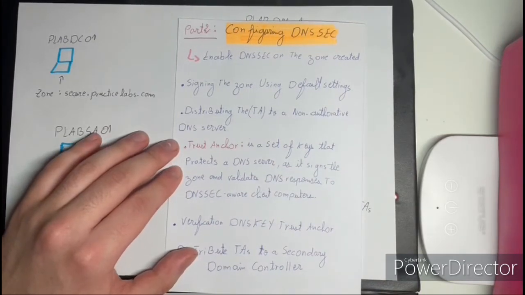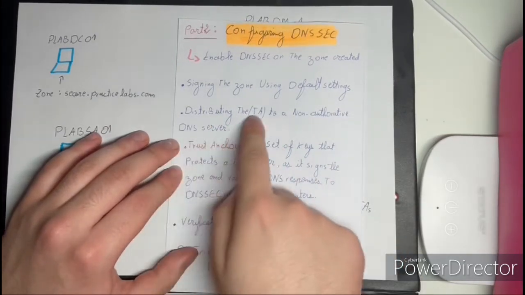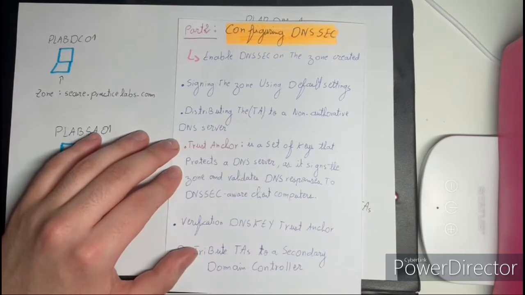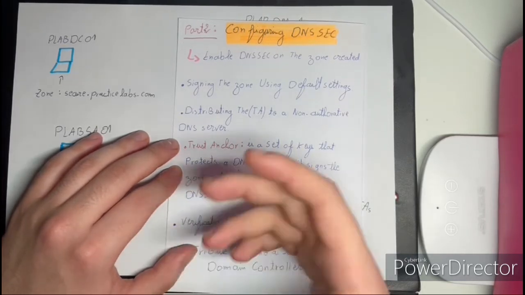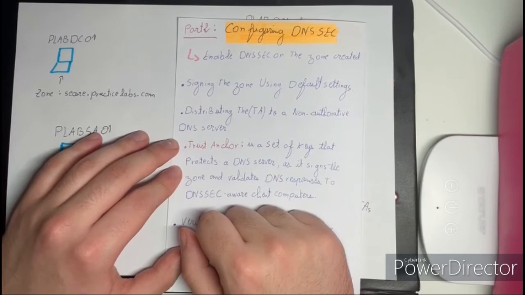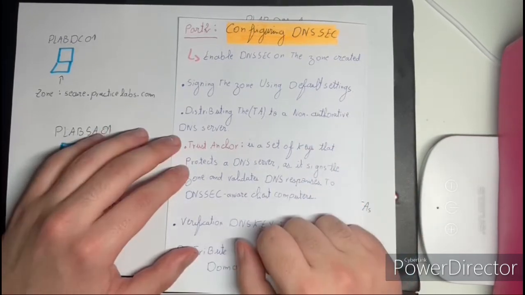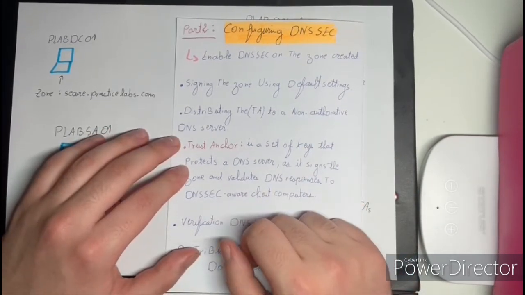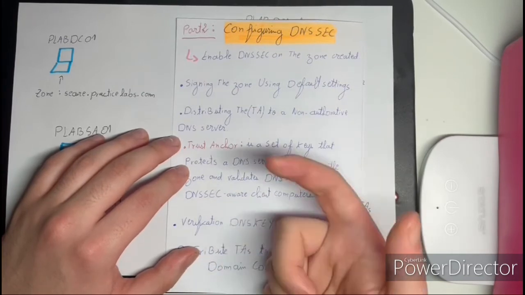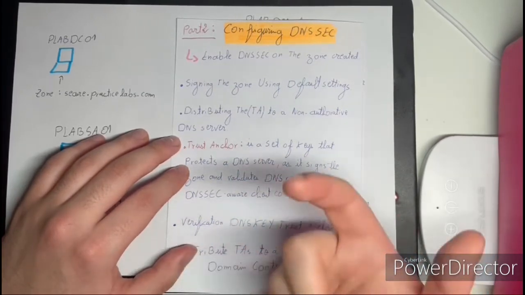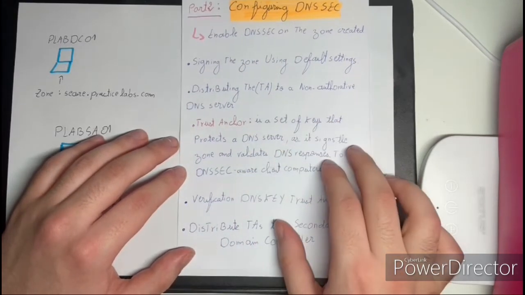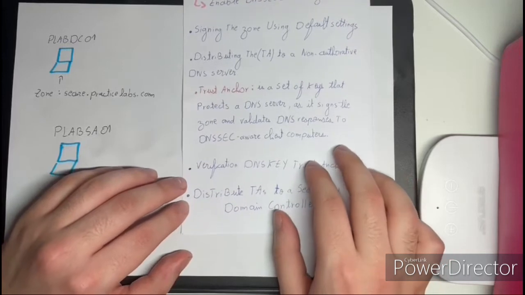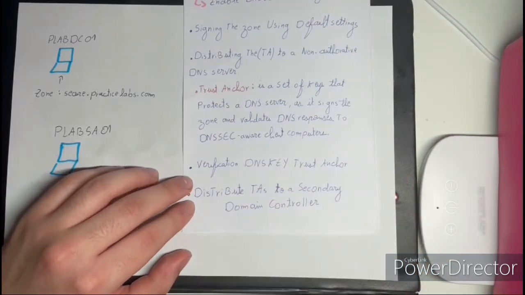The reason we're passing through this step is simply to test the distribution of DNSSEC keys, also called the trust anchor (TA), among DNS servers such as a non-authoritative DNS server and a domain controller that is running as a DNS server.